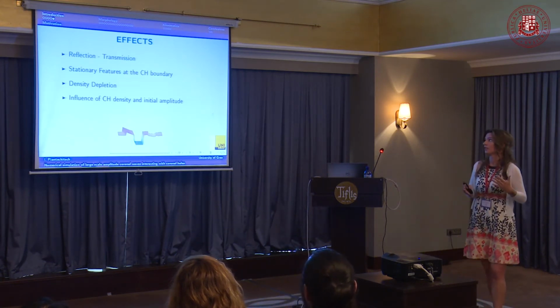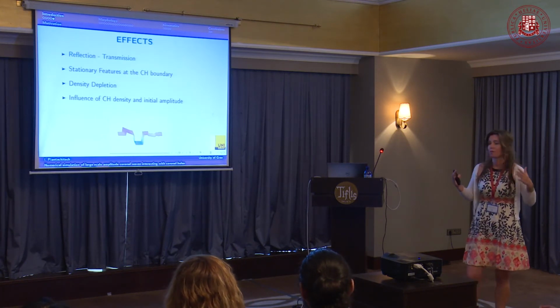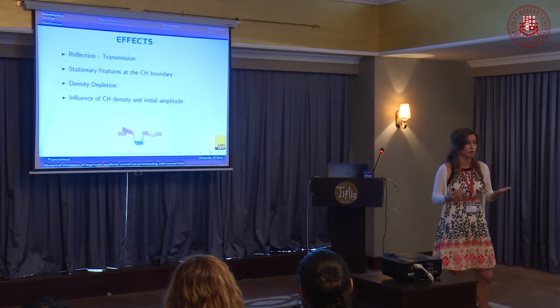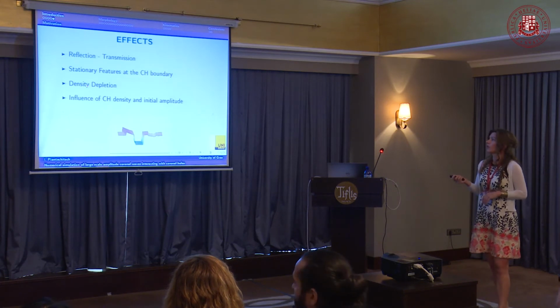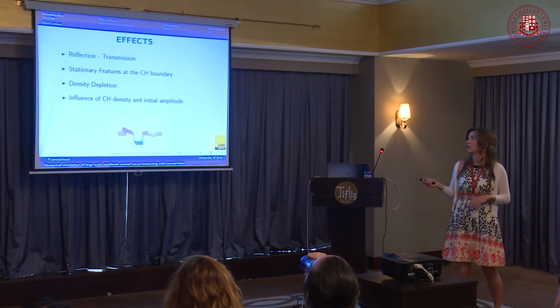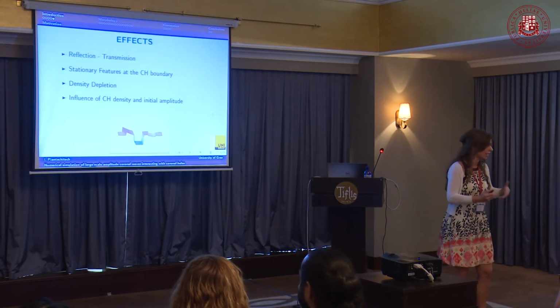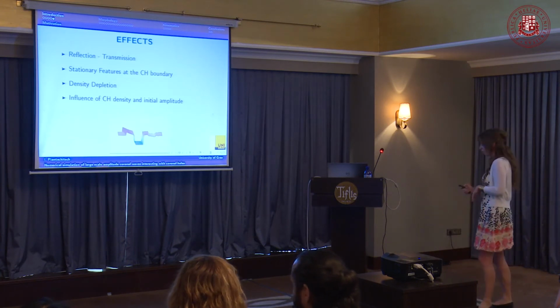And I will show you that these stationary features can also be built up by the interaction of an MHD wave with the coronal hole. We will also see the formation of a density depletion, and I will show you the influence of the coronal hole density on these different effects like reflection or transmission.